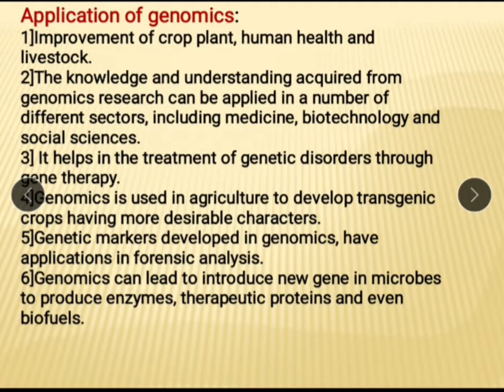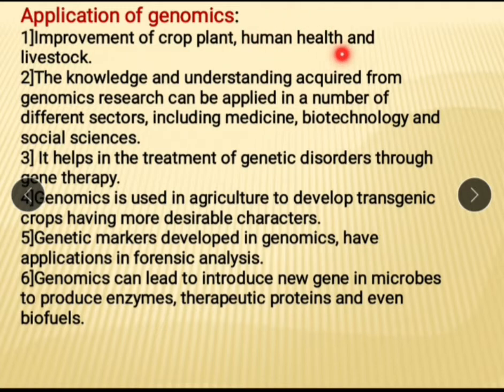Application of genomics: improvement of cropland, human health and livestock. How will we improve cropland? Through genetic engineering, the most recent branch of biotechnology, in which the gene of one organism is inserted into another organism, or manipulated in another organism. The purpose is improvement of cropland, and improvement of livestock like cows and buffalo to improve their milk yielding capacity.